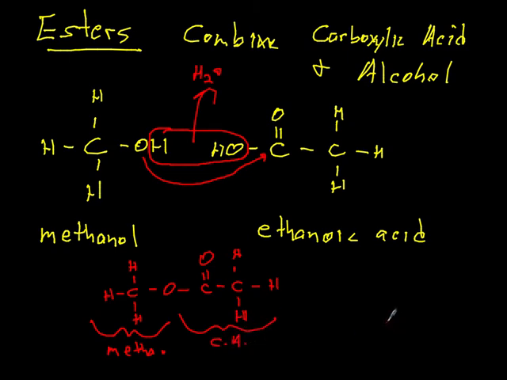The way that you name these is you name the alcohol portion first as an alkyl group effectively. So that would be methyl. And then the carboxylic acid, in this case ethanoic, the oic becomes oate.